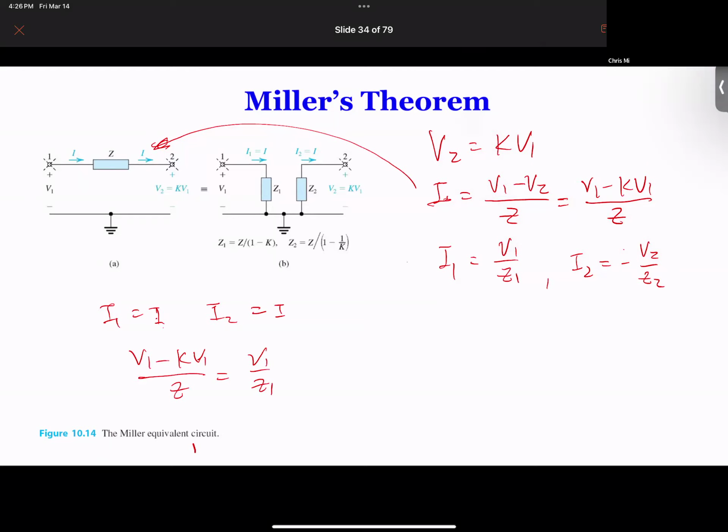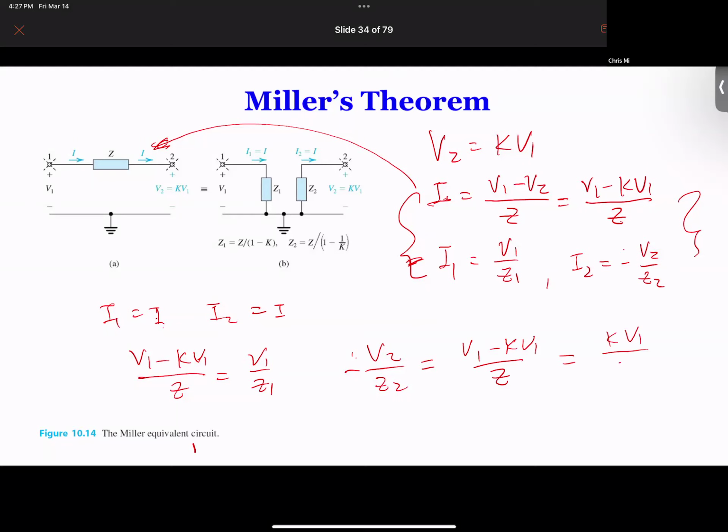From here we get V2 over Z2, with a minus, equal to V1 minus K V1 divided by Z, and V2 is equal to K times V1.